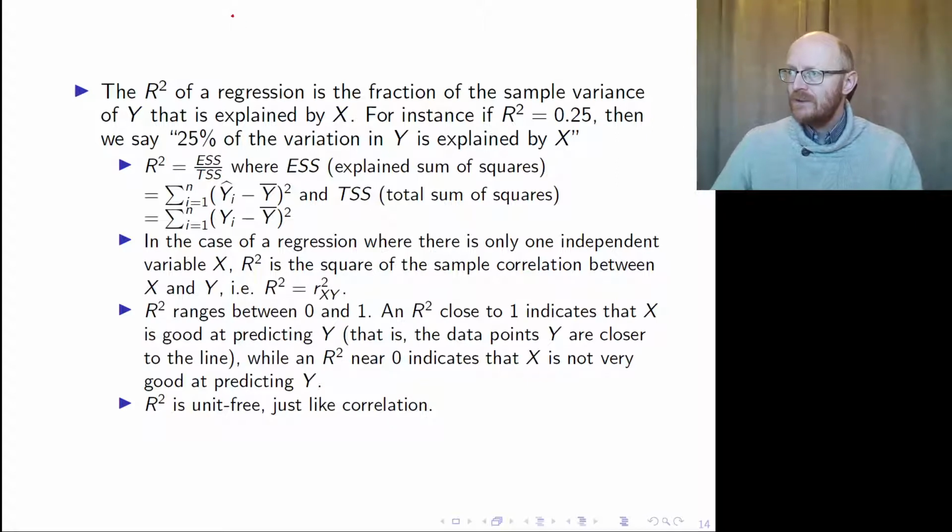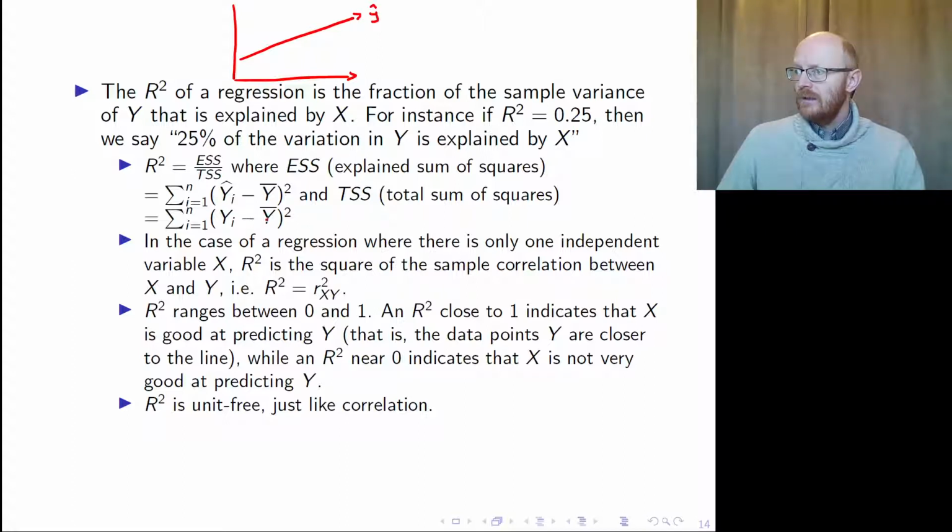And how do you calculate those? Well, the total sum of squares would be like this. You have the regression line there, you have x, you have y, and here you have some data points.